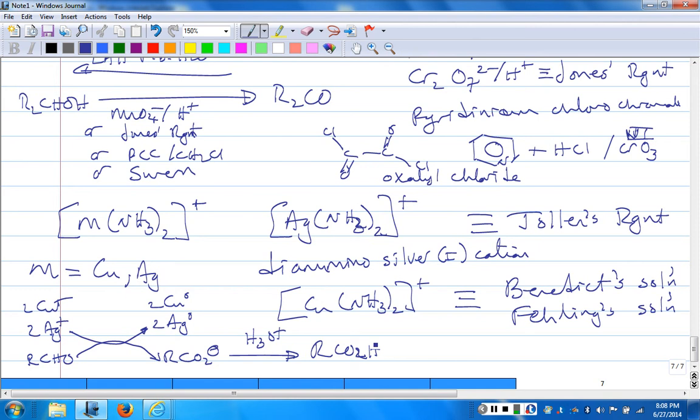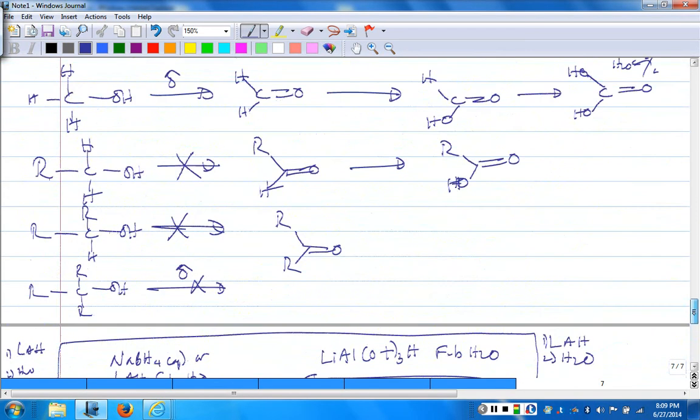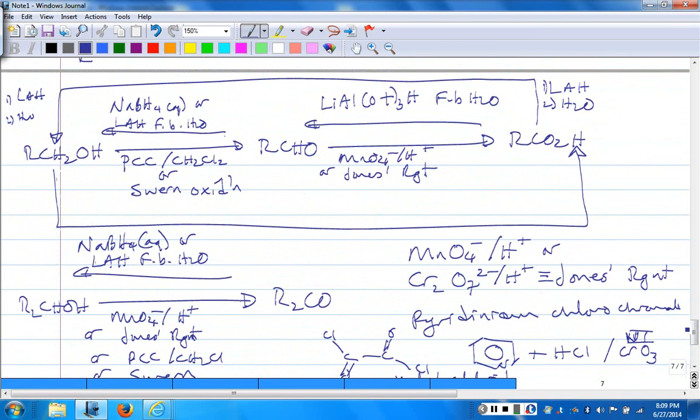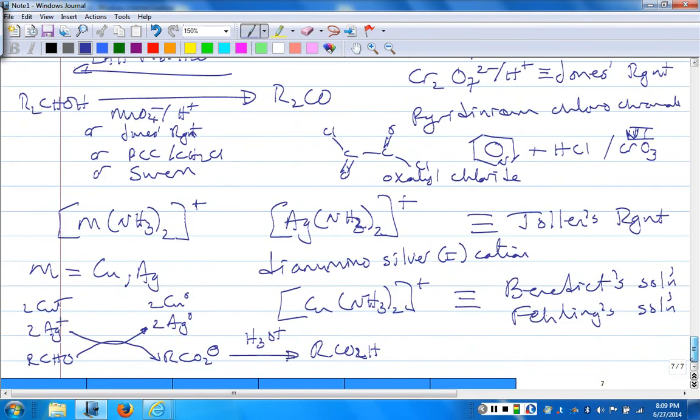Something interesting happens though, and I'm going to point that out now. When we're doing the oxidation using Jones reagent under acidic conditions, what do I see? Well, we've met this before. When I take permanganate under acidic conditions, it gets reduced to manganese 2+.